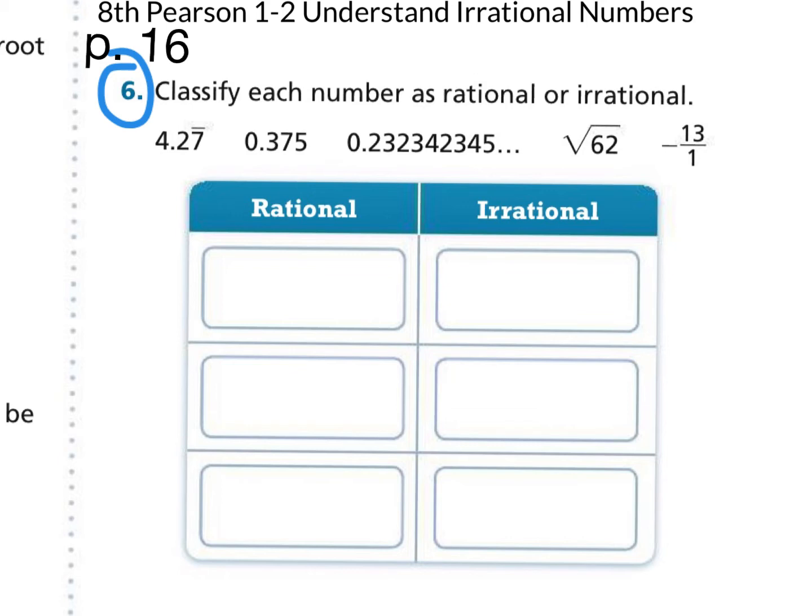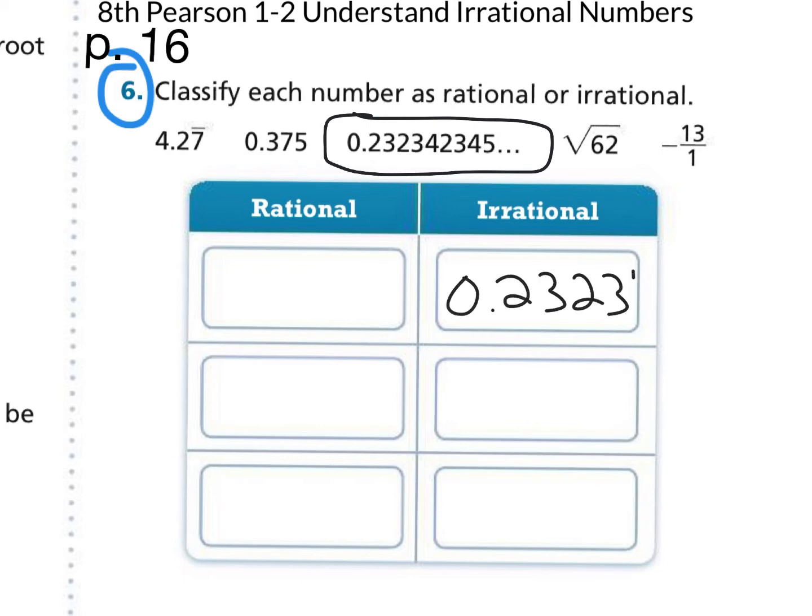But basically, irrational decimals keep going and don't repeat is maybe the easiest way to remember it. So one of these, if you look, this middle option here, decimals keep going and that's not repeating itself, so that would be irrational. They didn't give us much room to write all that, did they? Good thing it's on the right side and not the left.